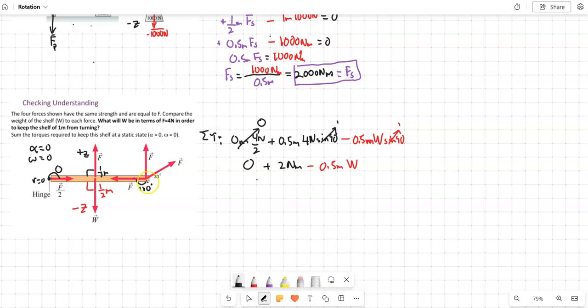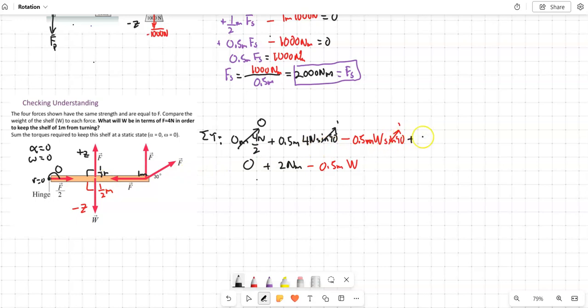It's pointed to the left, which is not going to have a torque, and it's 1 meter away from the lever arm. So all of these forces here are 1 meter away from the lever arm. So I'm going to put that right here. That force is neither positive nor negative. It's providing no torque. It's just pushing the whole lever arm in on the hinge. But I'll make it positive.